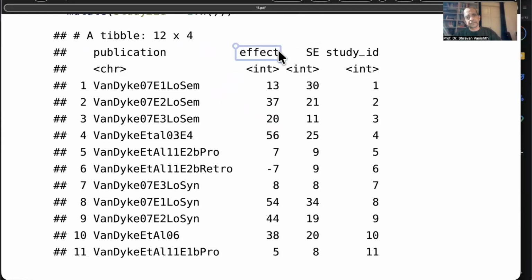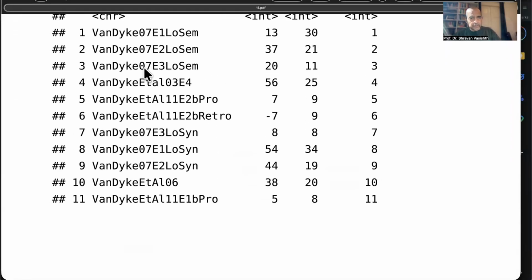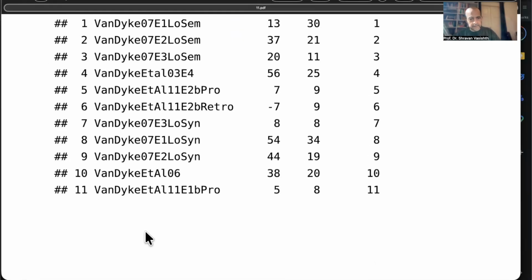So we have an effect size in milliseconds, so this is reading time, the standard error estimates from those effect sizes, and these are study IDs. They're just arbitrary numbers that I put, and these are the names that we gave to the individual studies, so that we know which study we are talking about and which experiment we took the data from and so on.